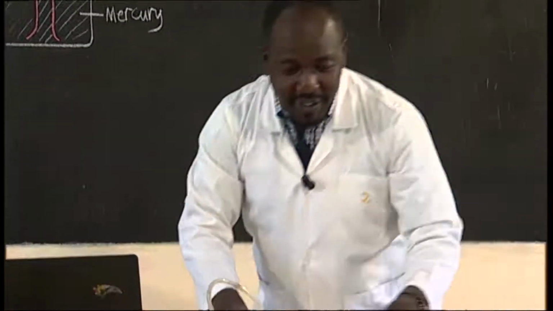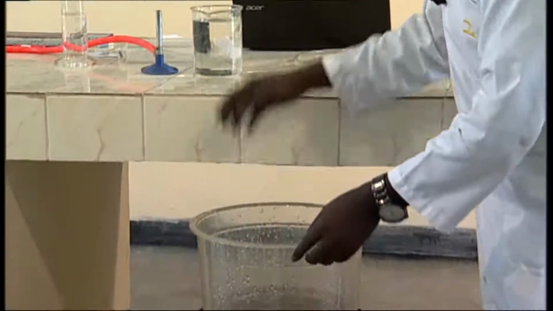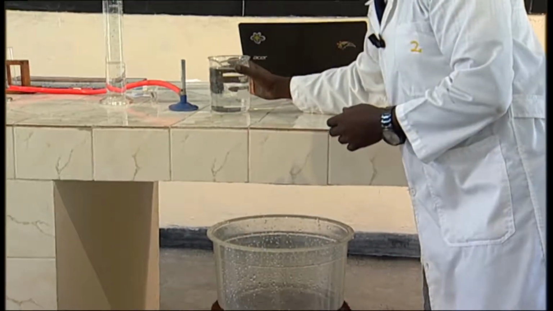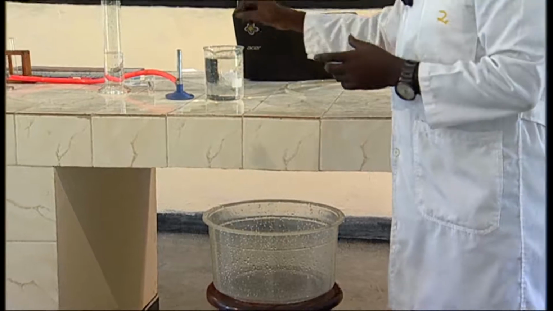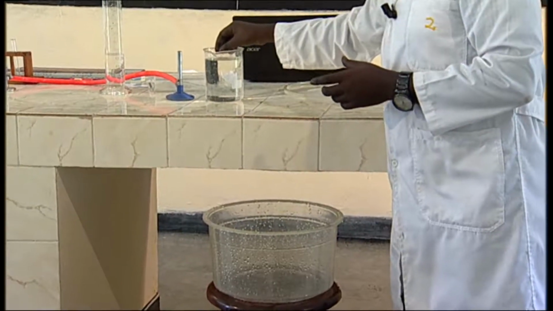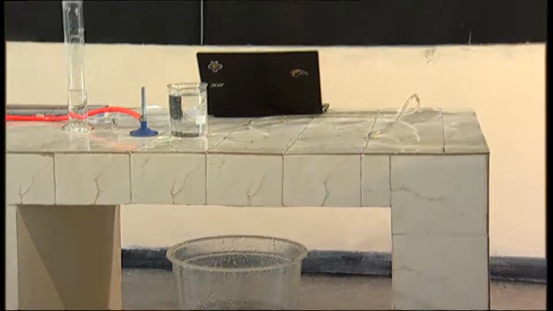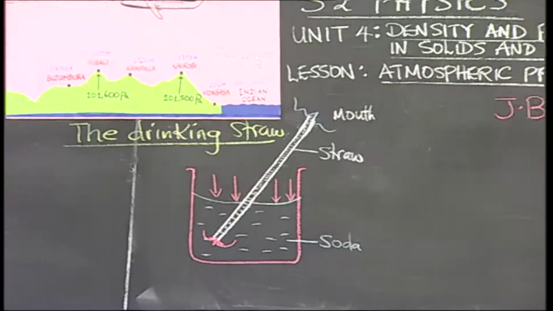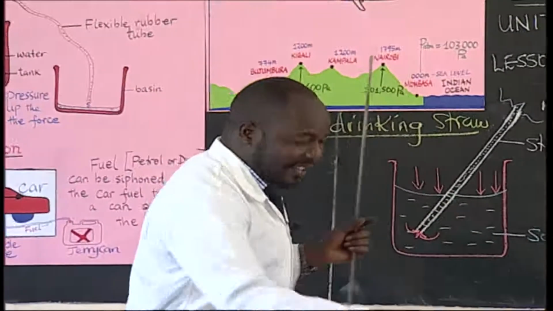So for our case here, this is going to be our basin, and this is going to be our tank. We shall then want to use the idea of the siphon to remove water from this tank or from this beaker into this basin. So what is the physics behind? The physics behind, remember, we are using the idea of atmospheric what?